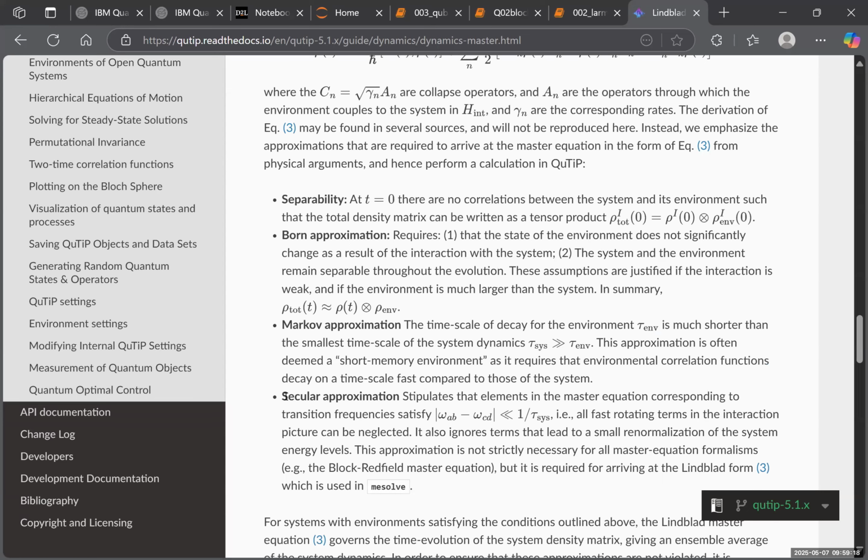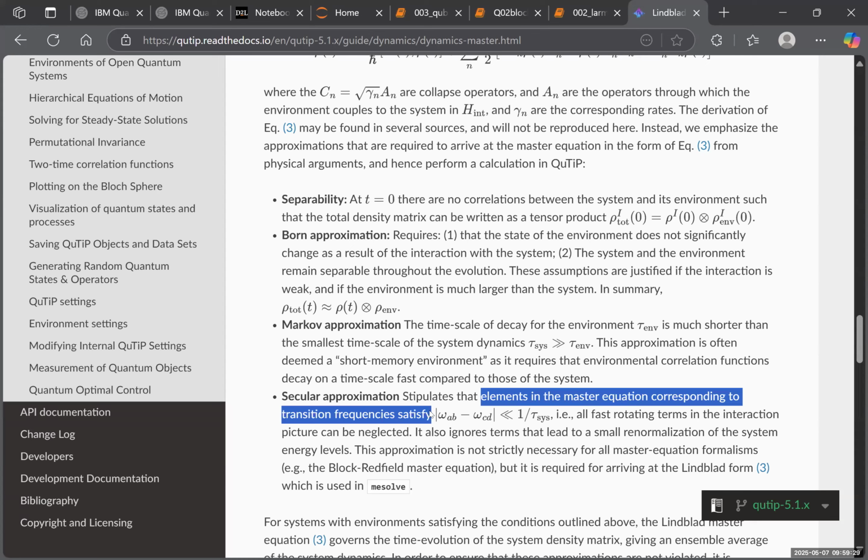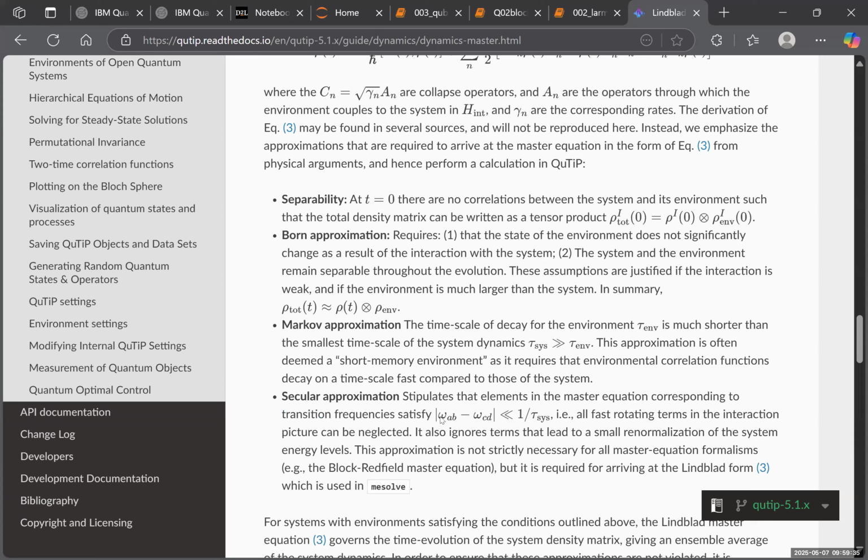There's also another one, the secular approximation. Elements in the master equation correspond to transition frequencies, like you have maybe levels that you make transitions between.